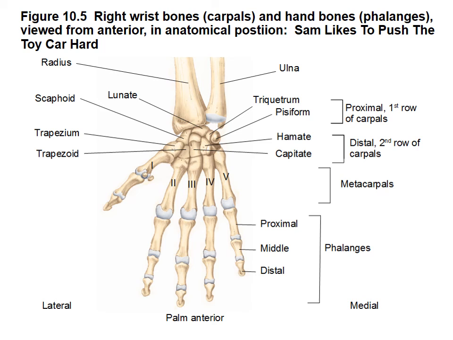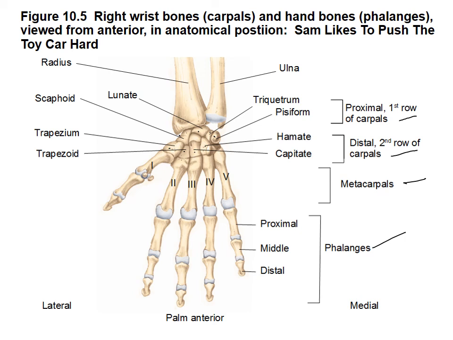So here's another view. This is if you have the hand pointing down towards you, you have the proximal row of carpals and the distal row of carpals, and then the metacarpals and the phalanges. And you have the scaphoid, lunate, triquetrum, pisiform, trapezium, trapezoid, capitate, and hamate.